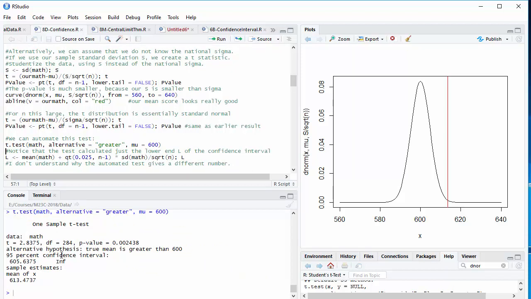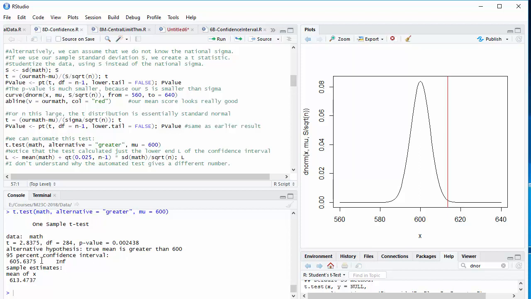And if you look at what we got back, the hypothesis is that the true mean for our school is greater than 600, and the p-value came out to be 0.002. The probability that our school is actually less than average is negligible.